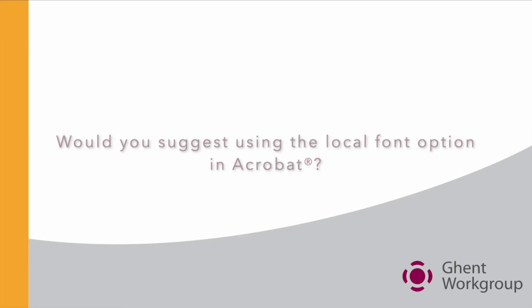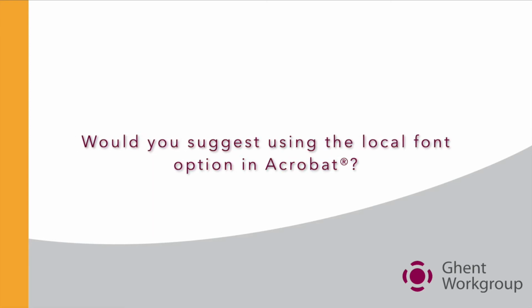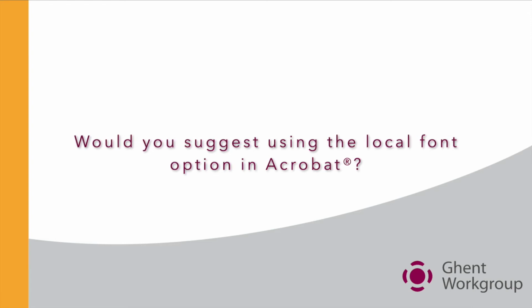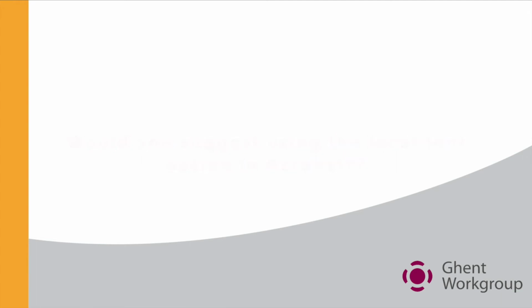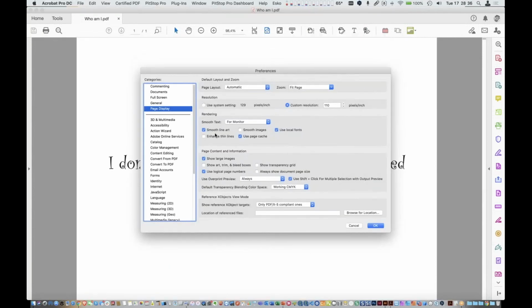So one other question about the options in Acrobat. Oh yeah, that's also in the page display. So this is what you have here. Yes. Those things with the smooth line art and smooth image and enhancing lines.